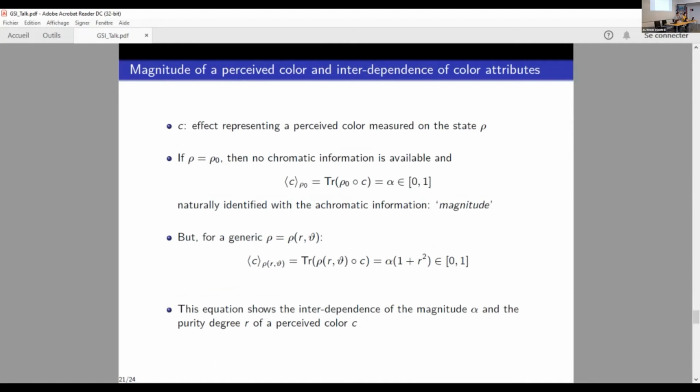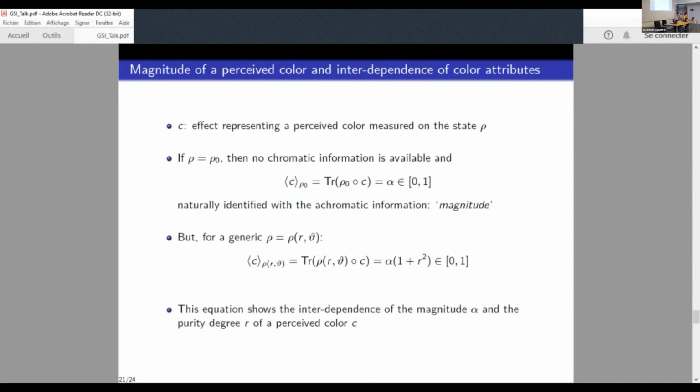And so if we identify a perceived color C with an effect, then we can measure, of course, a color on a state rho. And if we consider as a particular case rho equal to rho 0, that is the achromatic state, and we perform the computation, we obtain exactly alpha.